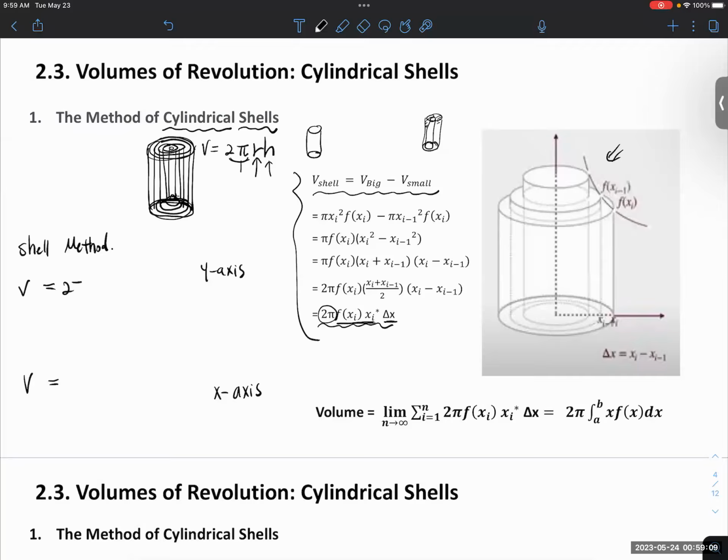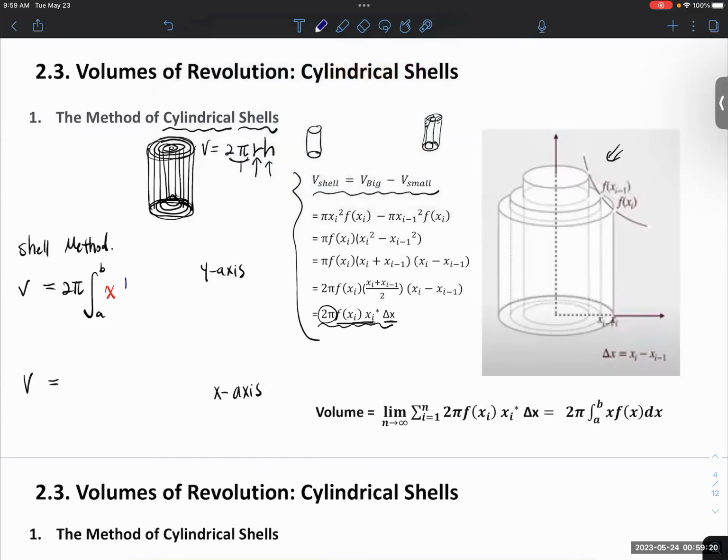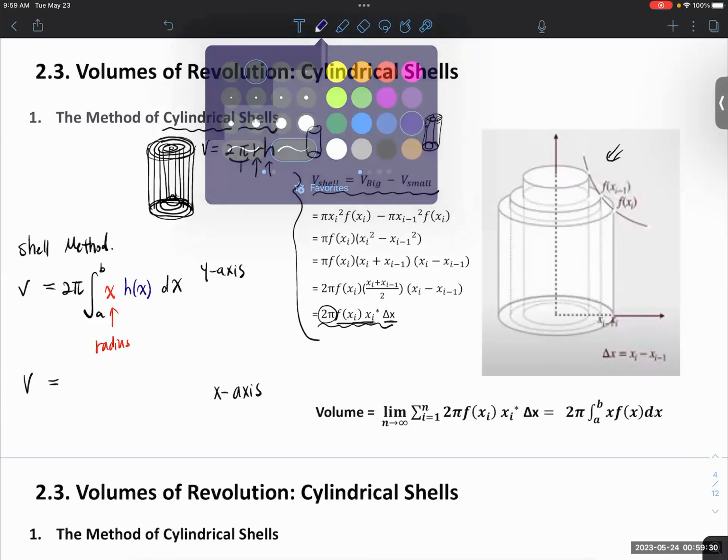So 2 pi, we take the integral from a to b, and remember there's an x that represents the radius, and then you're going to have a height function, and then we take the integral. So I'm going to write that. This is the radius, and this is the height function.